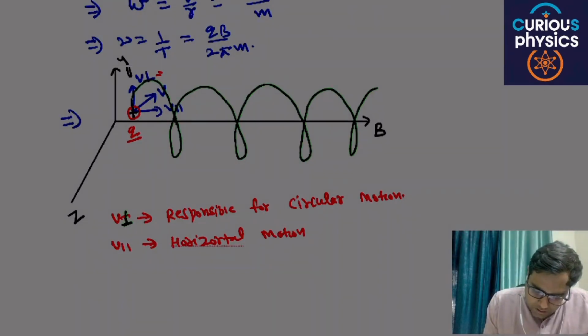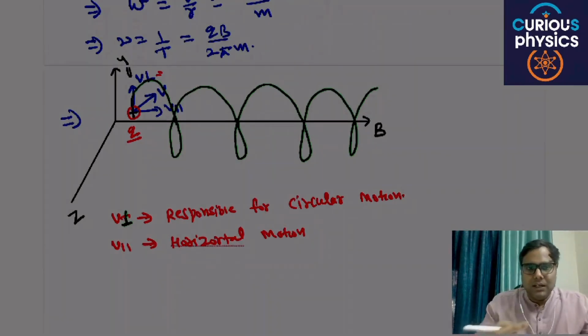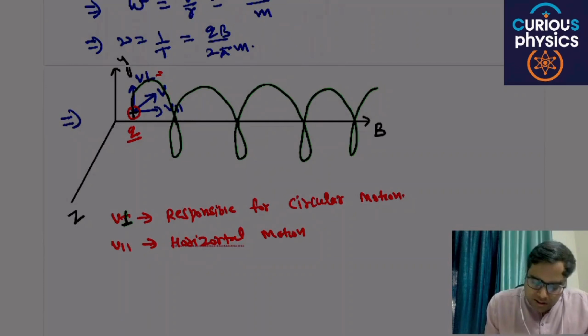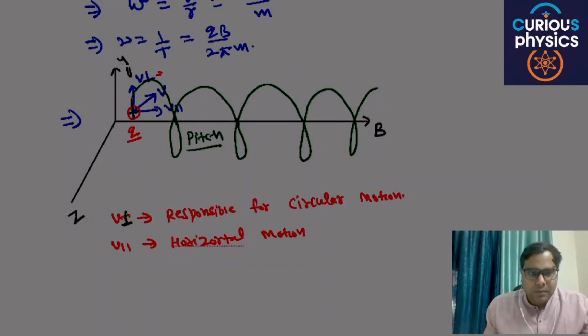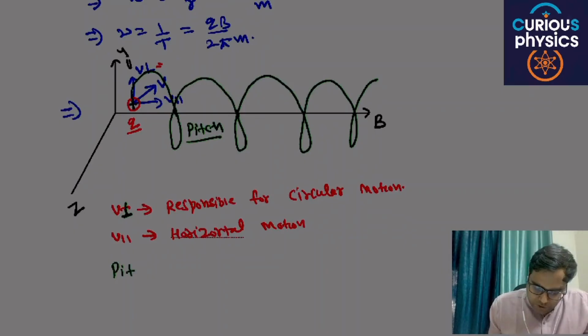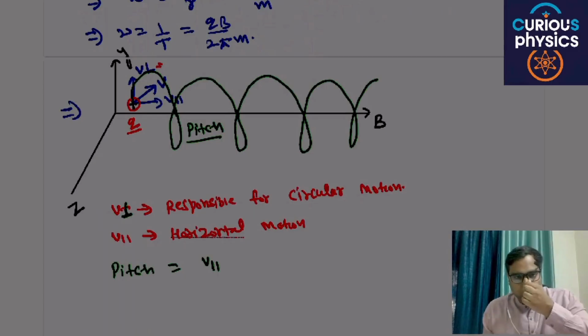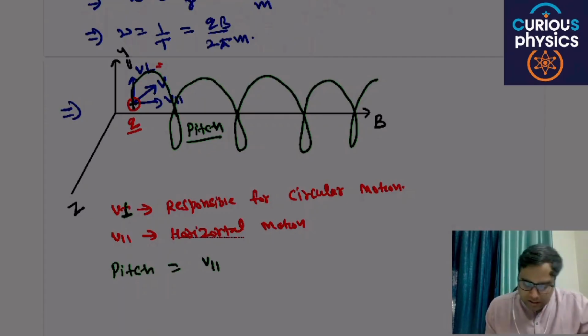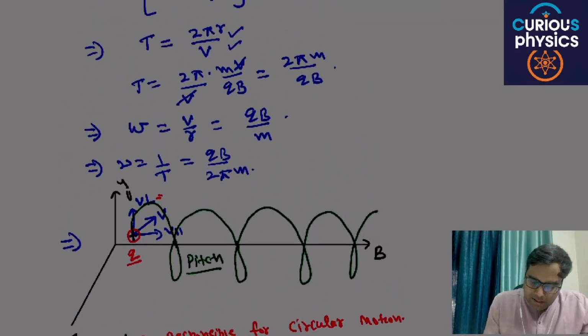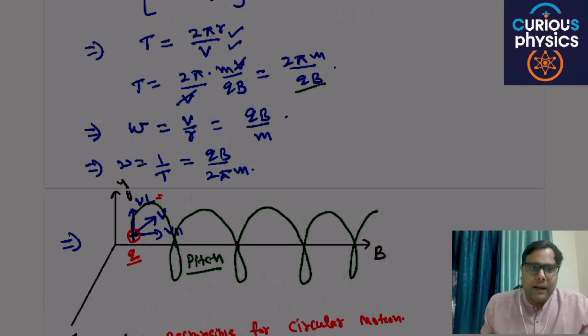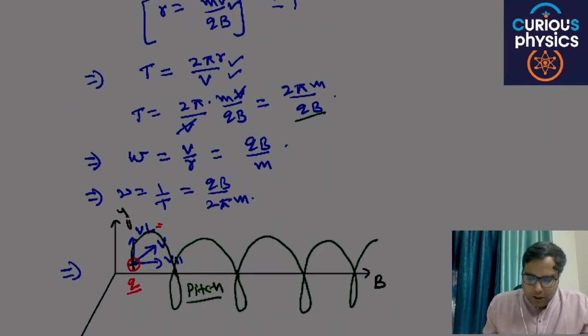When the charge completes one cycle, it moves some forward distance, known as the pitch. The pitch is V parallel times the time period, if there is no acceleration. The time period is 2 pi m by qB, so you put the value of time and get your answer.